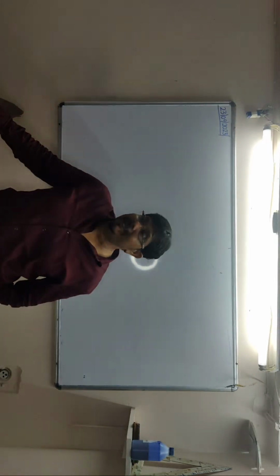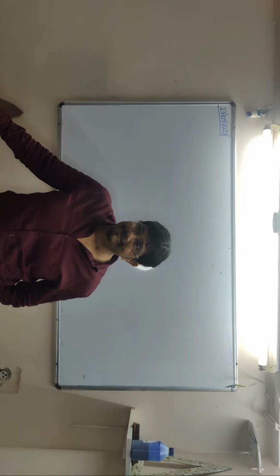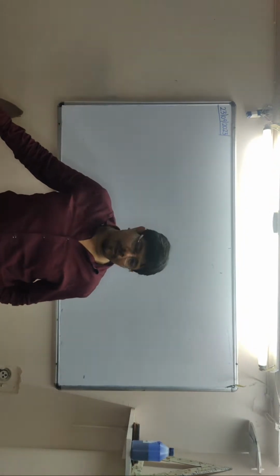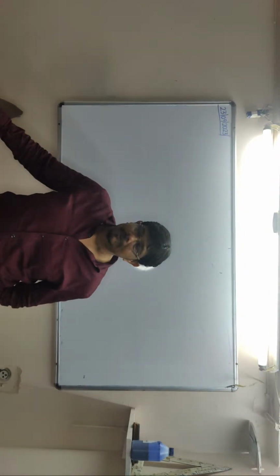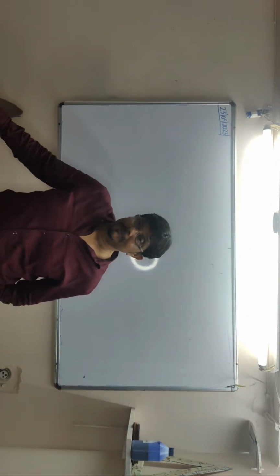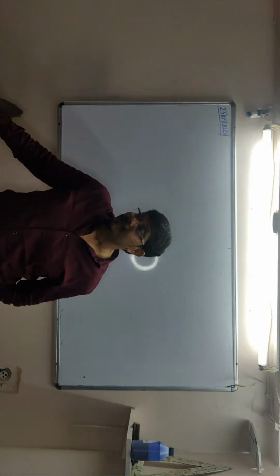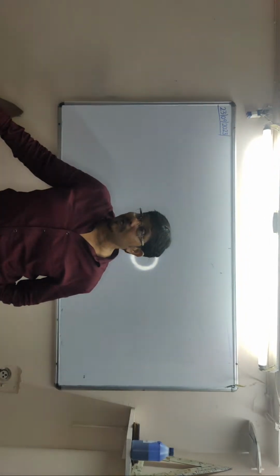Threshold frequency is responsible for the work function. When an electron is ejected out of the metal surface, we can say it is the work function. The energy needed is called the threshold energy, and the frequency put on the surface is called the threshold frequency.